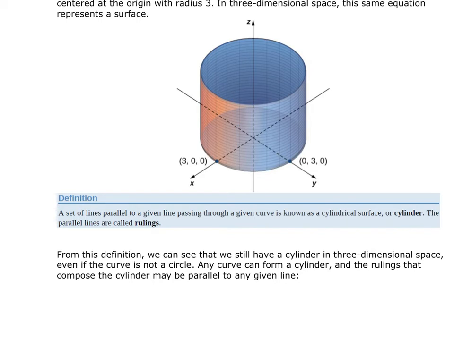From this definition, we can see that a cylinder in three-dimensional space can take on different shapes that are not necessarily circular, provided, of course, that it can be made up of a group of parallel lines.